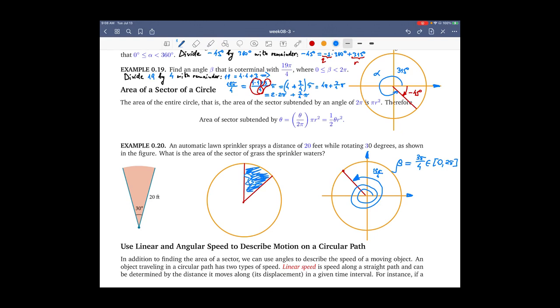And the question that often arises in applications is how do we compute the area of a sector when we know the central angle subtending the sector?